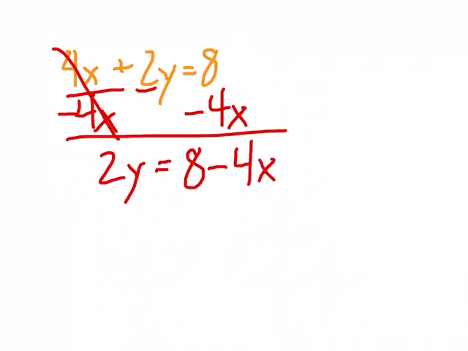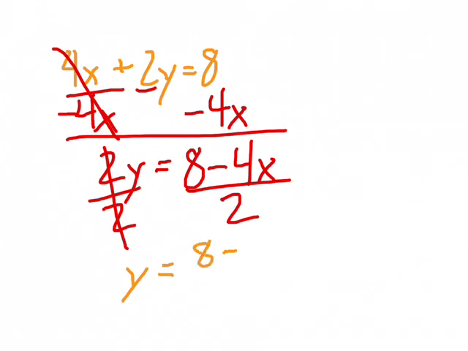Finally, I'm multiplying y by 2 over here, so I can undo that by dividing by 2, and I'll divide by 2 over here as well. If we want to get into the distributive property, we can actually simplify 8 minus 4x divided by 2 as a whole, but you could also just leave it that way. Y is equal to 8 minus 4x, divided by 2.